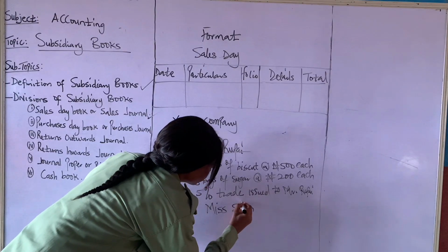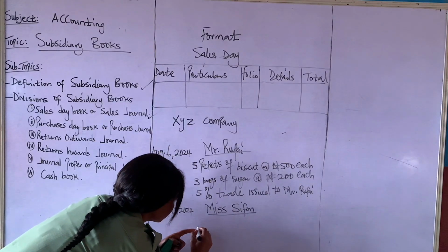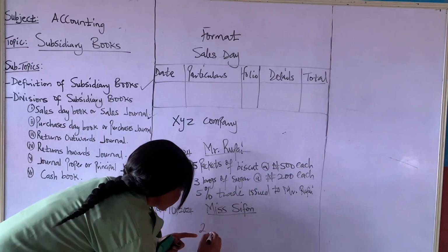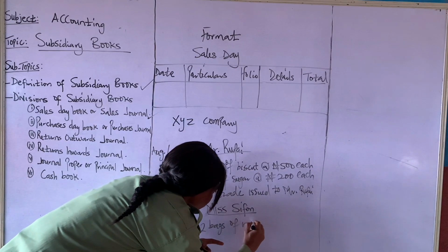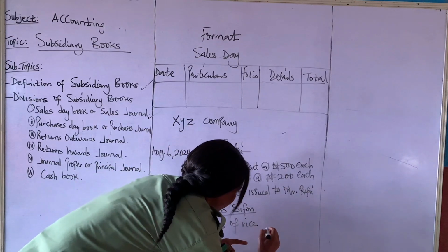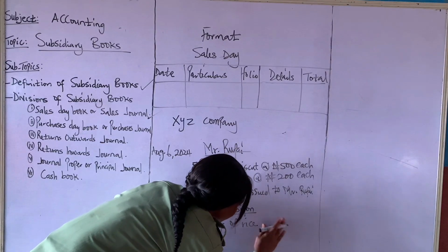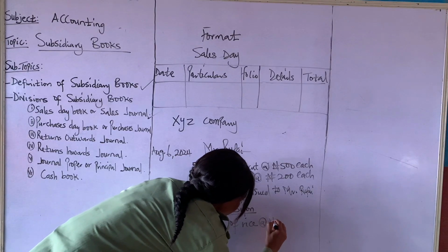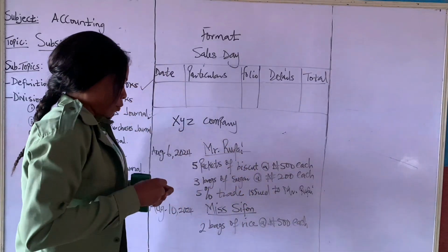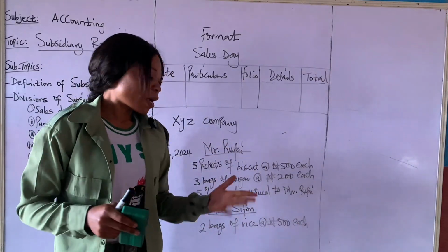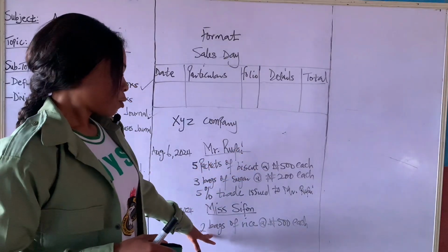She purchased 2 bags of rice at the rate of 500 naira each. Since she just purchased 2 bags of rice, no discount was granted to her.